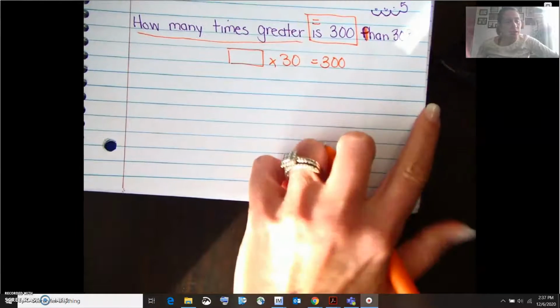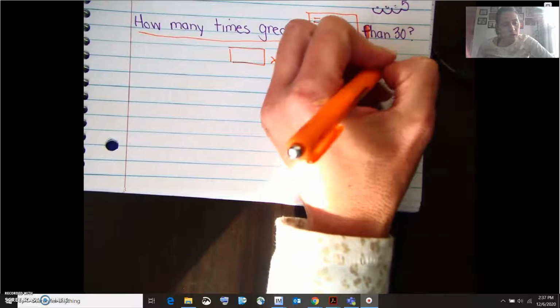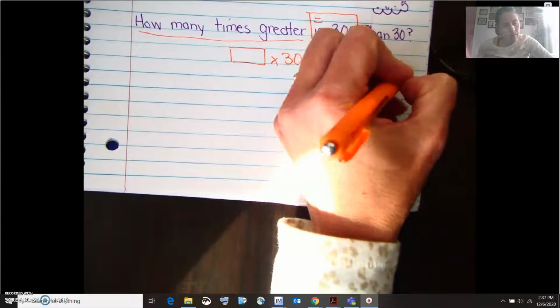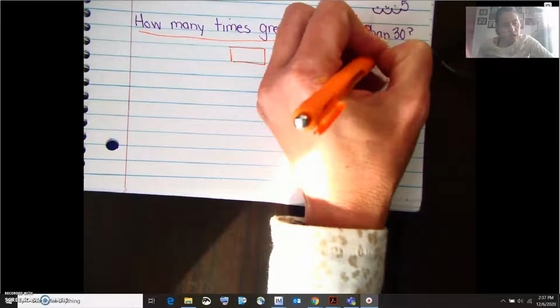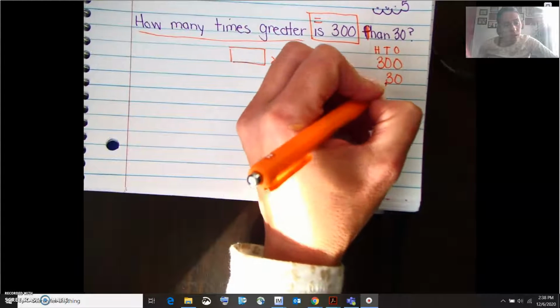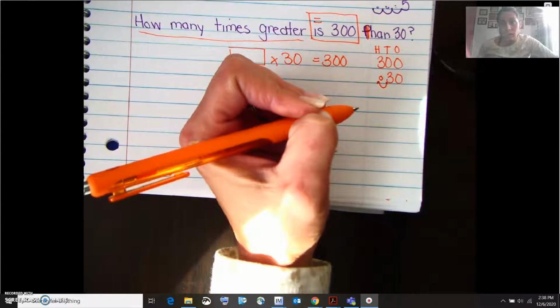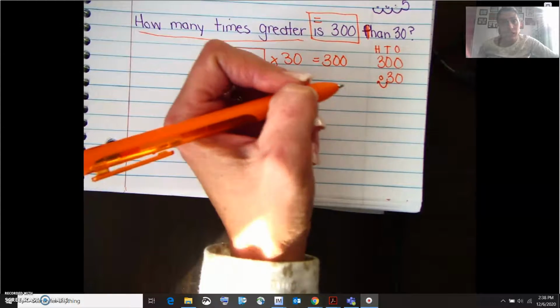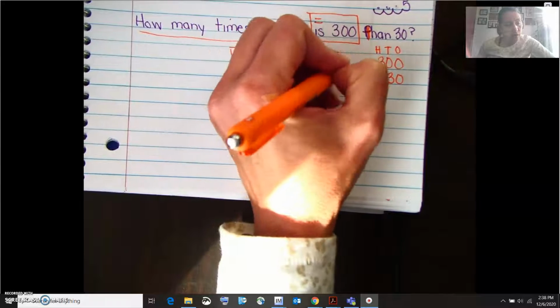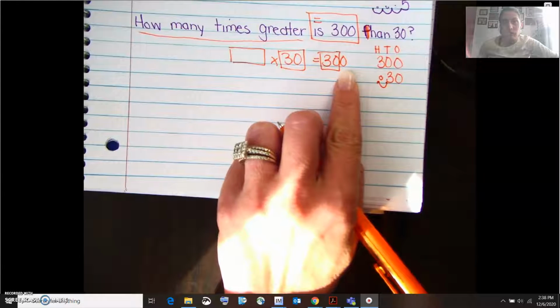So if I did my place value chart, I have 300 and I have 30. I got my ones, my tens, my hundreds. To move this 3 to line up equally, it's just 1 zero. So I think it's going to be 10, but let's check it up here. So I box up my 30, I box up my 30. How many more zeros do we need?